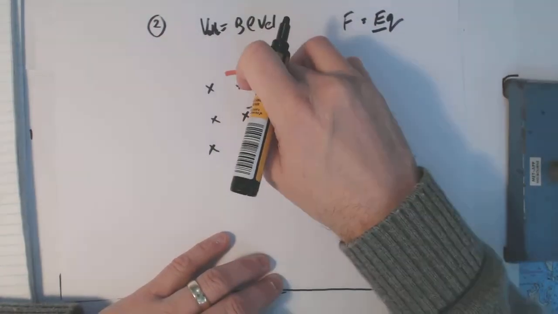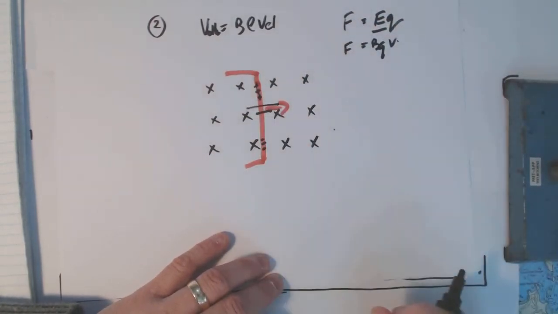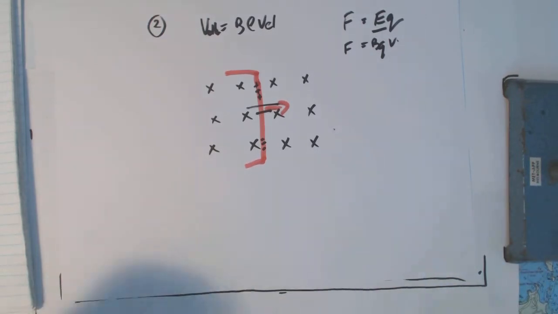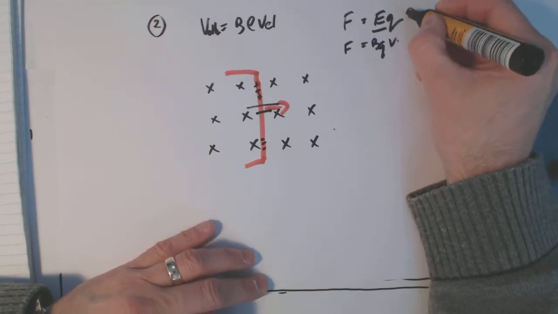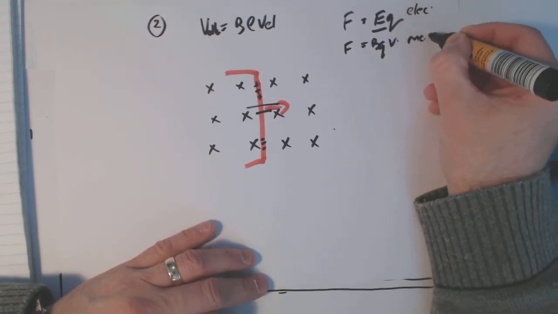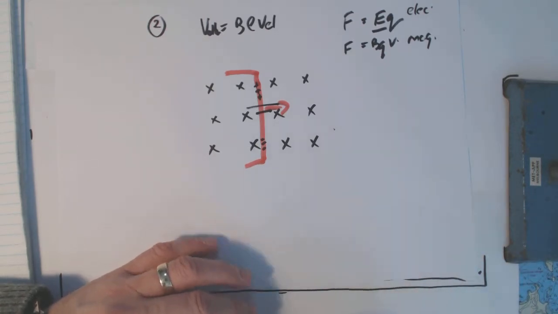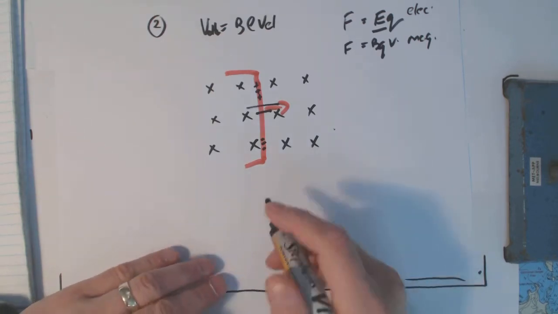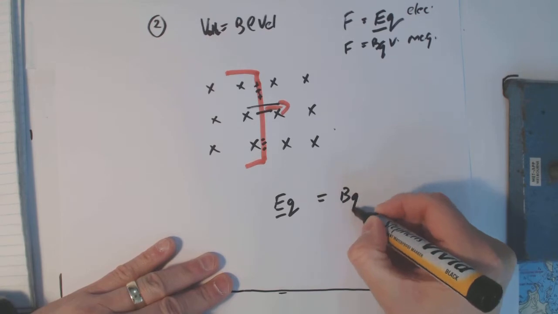So you've got a magnetic force, F equals BQV, pushing these positives up, or the negatives down. But as they pile up, they repel each other, and that's an electrostatic force. So this is the electrical force here, and this is a magnetic. And when they are equal, there's going to be no more movement of charge, and we will be left with our final voltage. So what we can say is that EQ must be equal to BQV.